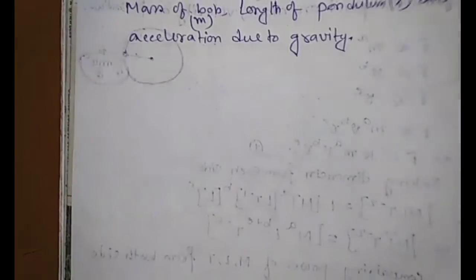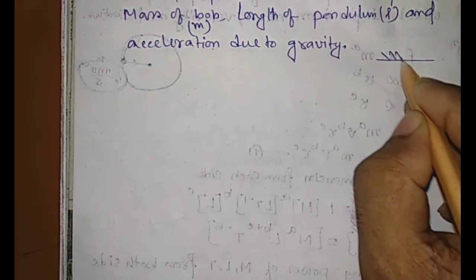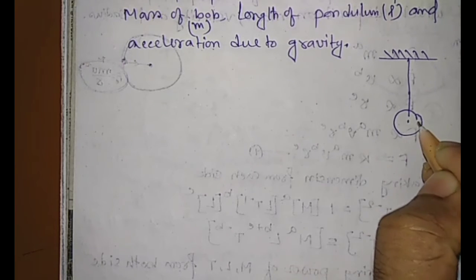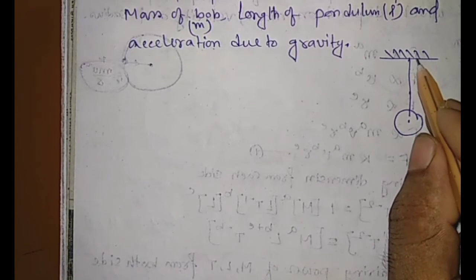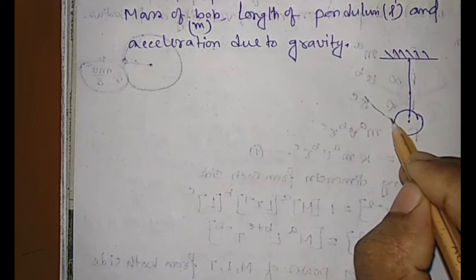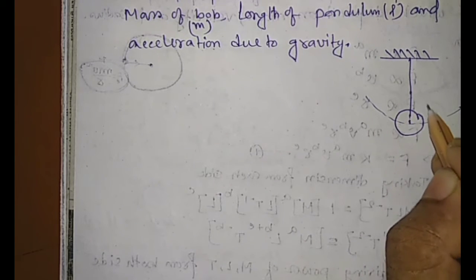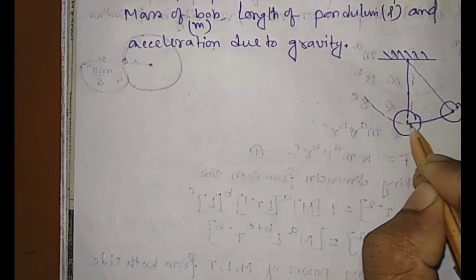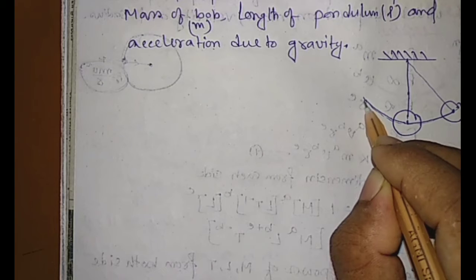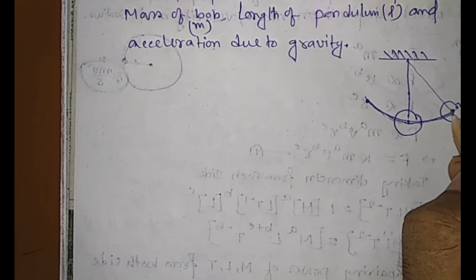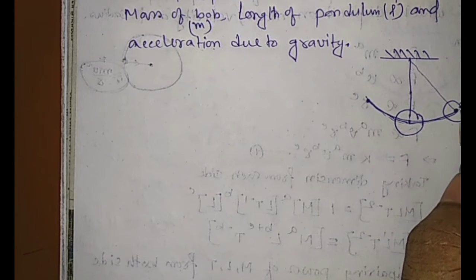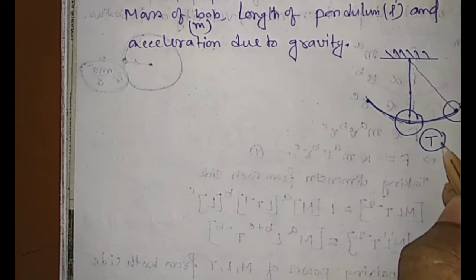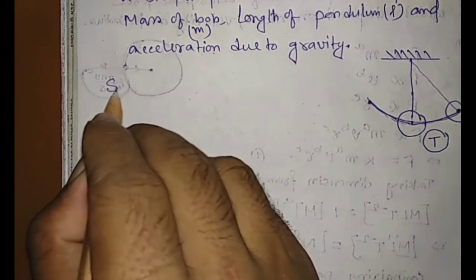Okay, so when a sphere of heavy mass is suspended from a light thread, it is called a pendulum. If we take this pendulum here and release it, it goes here, and due to acceleration it goes here, and again it comes back to its initial position. The time taken during that oscillation is called the time period.